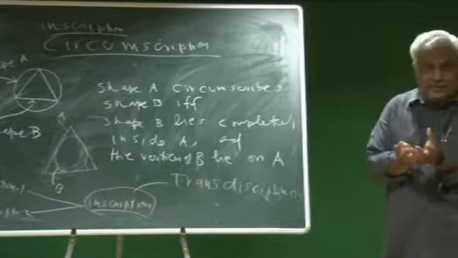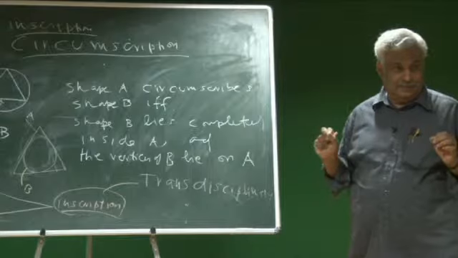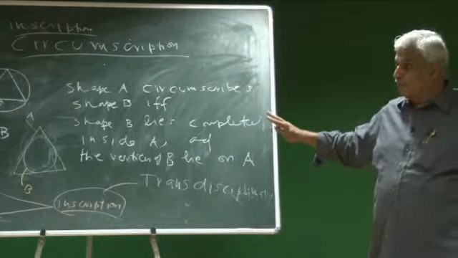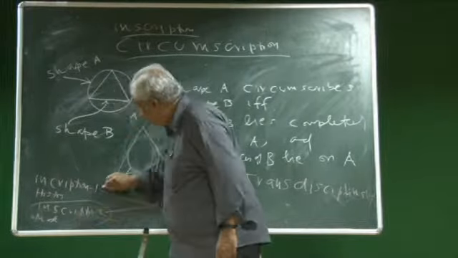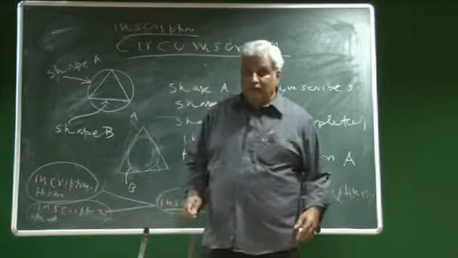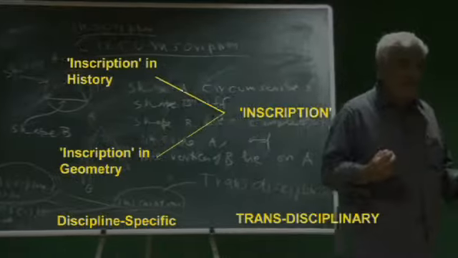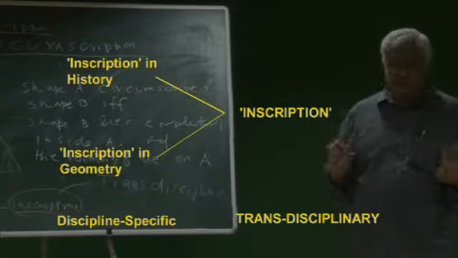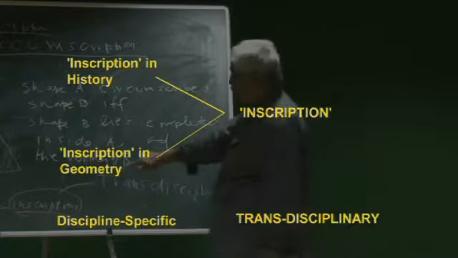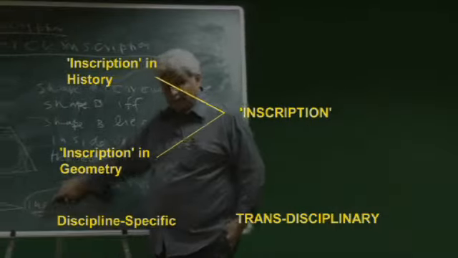So there is an abstract concept of inscription that cuts across disciplinary boundaries, and there are very specific versions of that transdisciplinary concept, one for history, one for geometry, two different. That we agree. There is a difference, but there is also a unity.